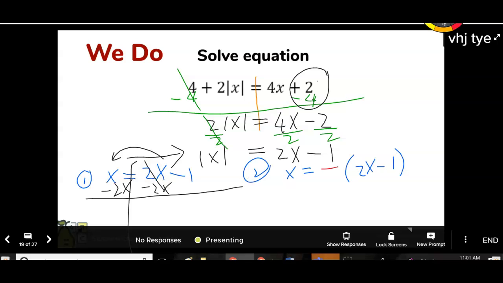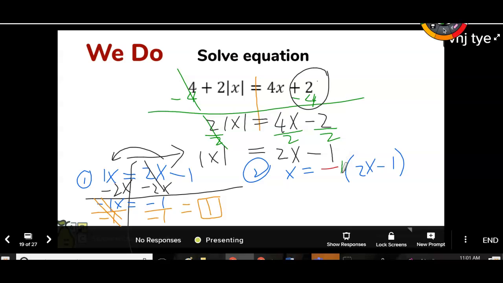And here, 1x minus 2x, add this number in the front. 1 plus negative 2 is negative 1x equals negative 1. Finally, divide by negative 1. So you have x equals negative 1 divided by negative 1 is positive 1. That's one result.